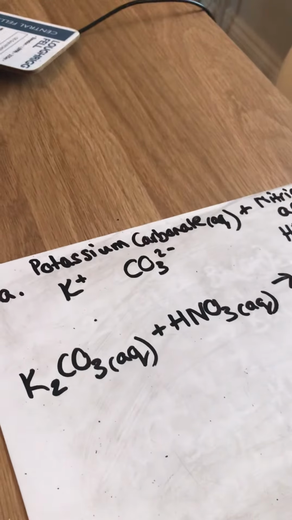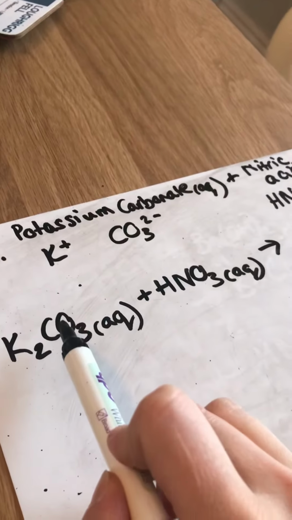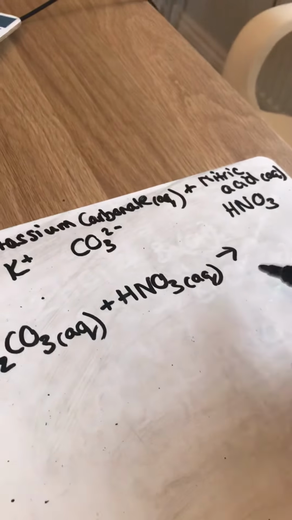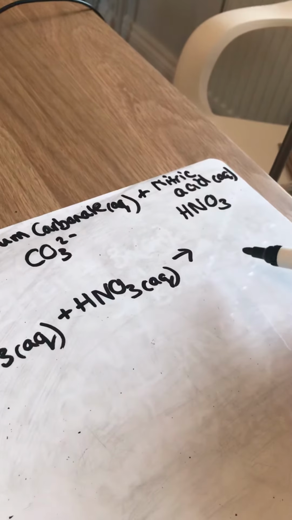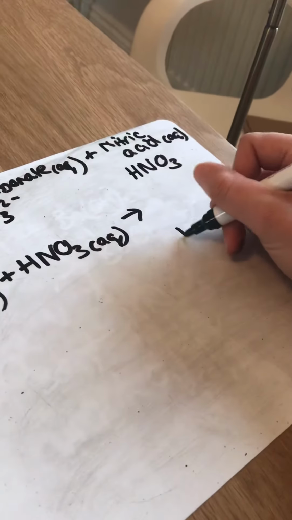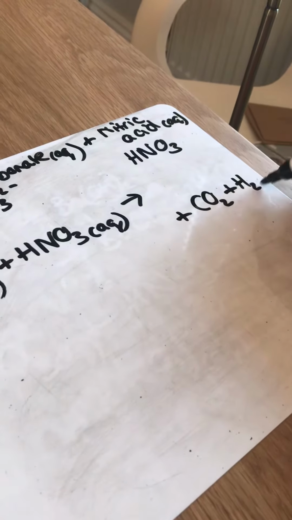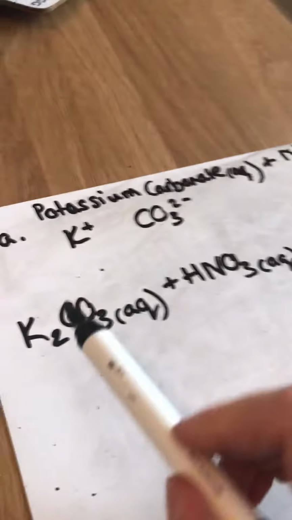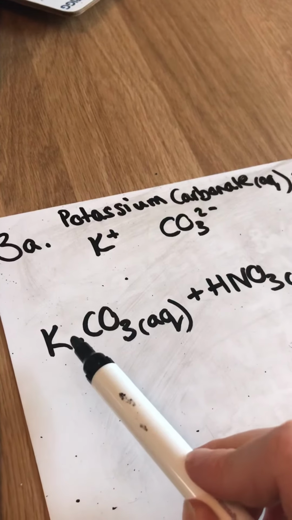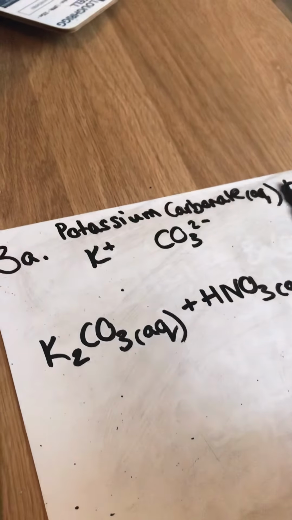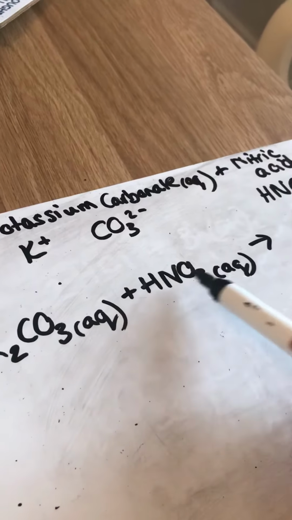All right, so this again is assumed that you know. It's GCSE stuff, but you should know a metal carbonate with an acid produces a salt, it produces water, and it produces carbon dioxide. So I'm going to put the two easier things in first, carbon dioxide and water. And the salt, well, the metal is the potassium, and then the other part of the salt comes from the acid, and it's the nitrate there.